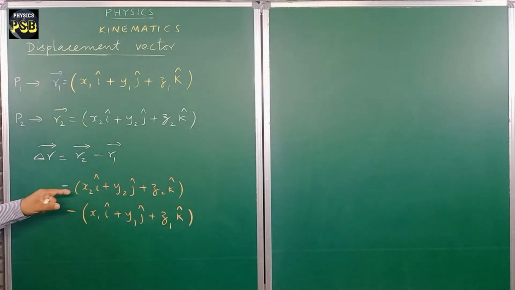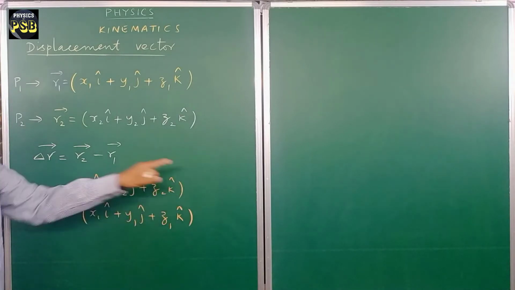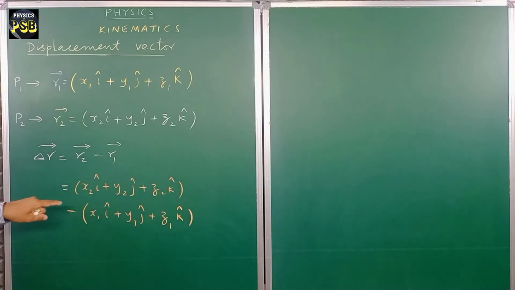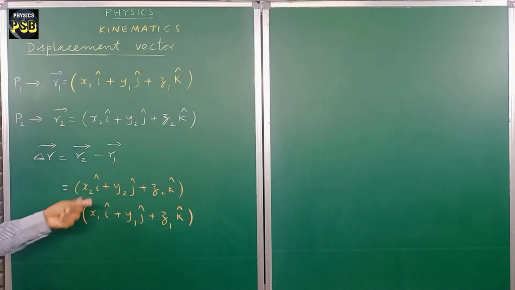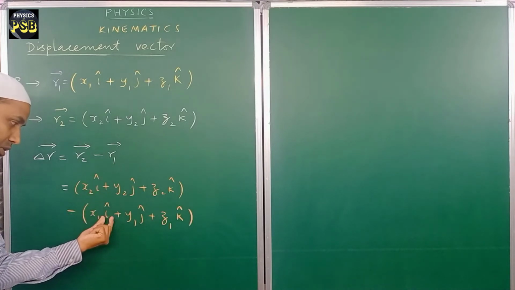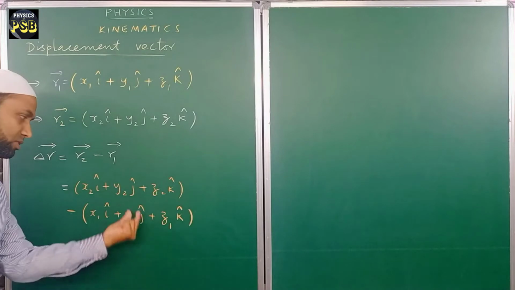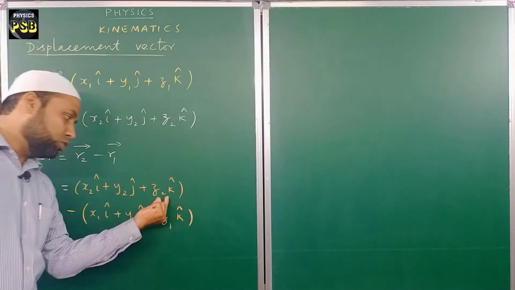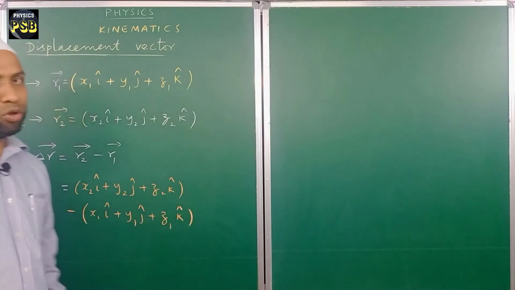Now if you look at these terms, you may find that some have the same unit vector. Here i cap is present, here also i cap is present. In a similar way, these two terms have the same unit vector, and these two terms have the same unit vector.